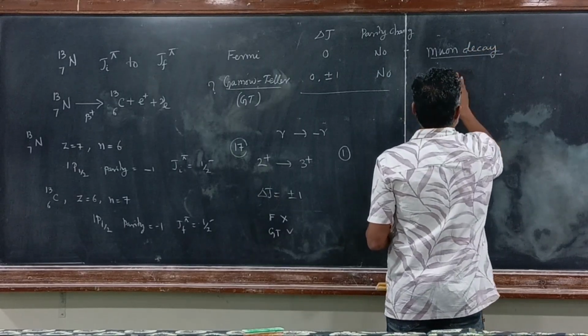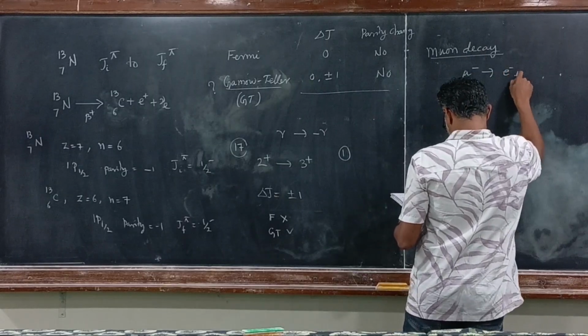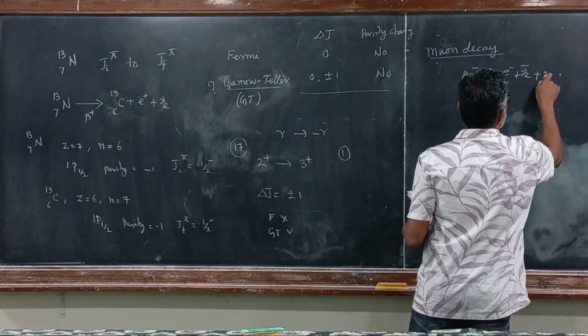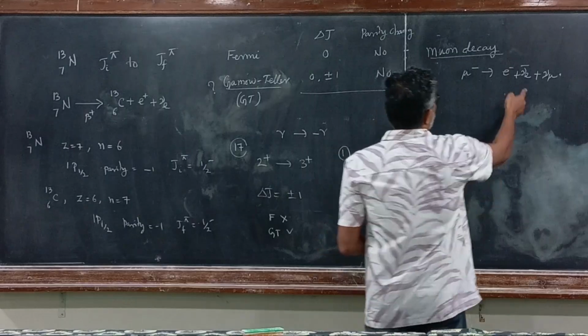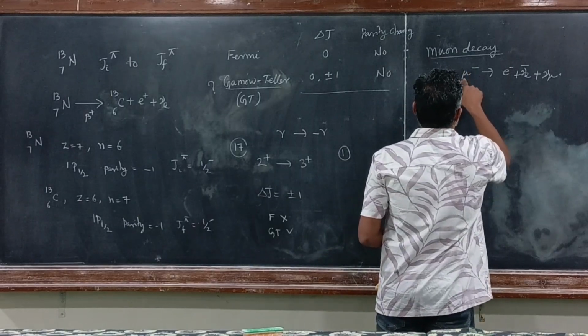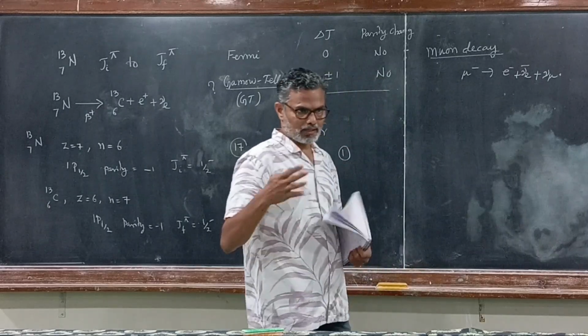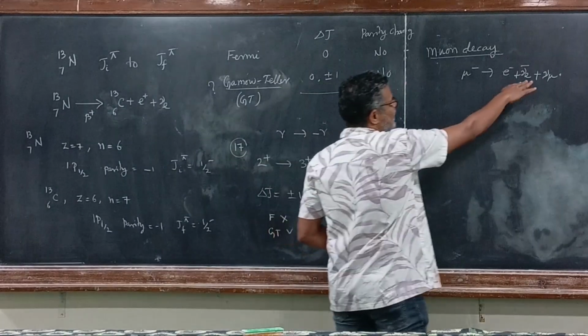It's a mu minus. It goes to an electron plus a neutrino plus a mu neutrino. The mu is another elementary particle, a kind of lepton. We will classify all of them, but this decay looks like this.